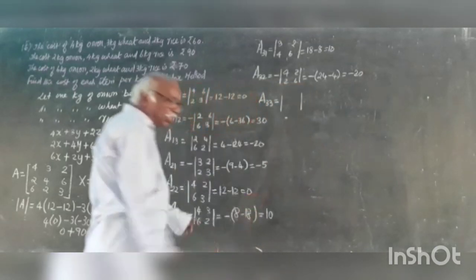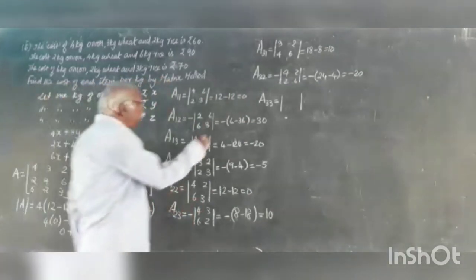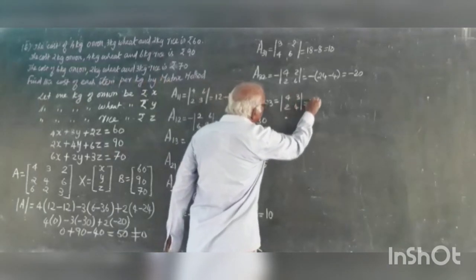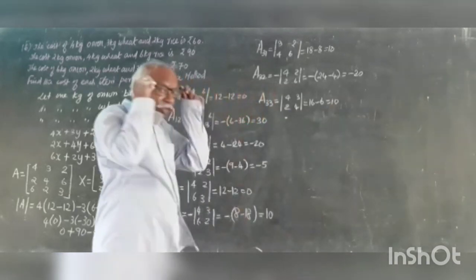A33: the minor 4, 3, 2, 4 is 16 minus 6, equal to 10.